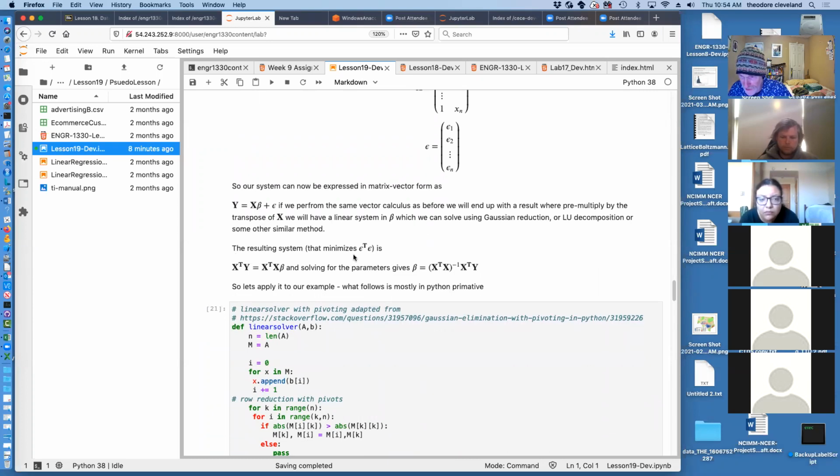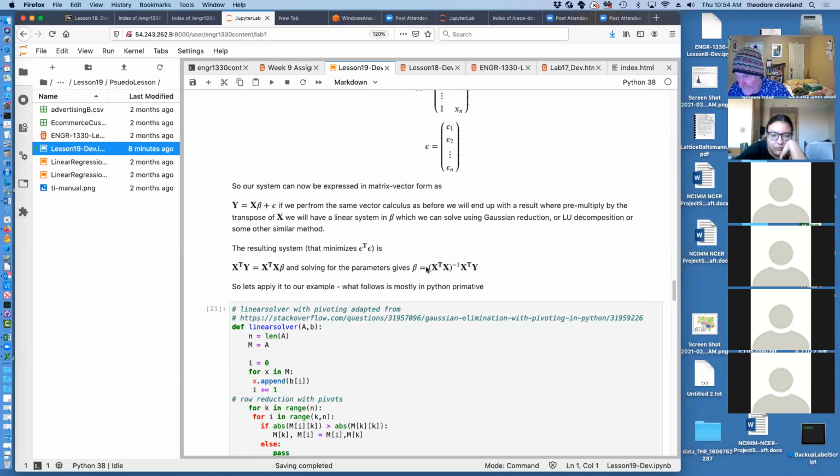So the resulting system that minimizes error transpose error, which has the same properties as the sum of the errors squared, is X transpose Y equals X transpose X beta. And we want to solve for beta. The formal solution in terms of notation, we would write X transpose X inverse times X transpose Y.